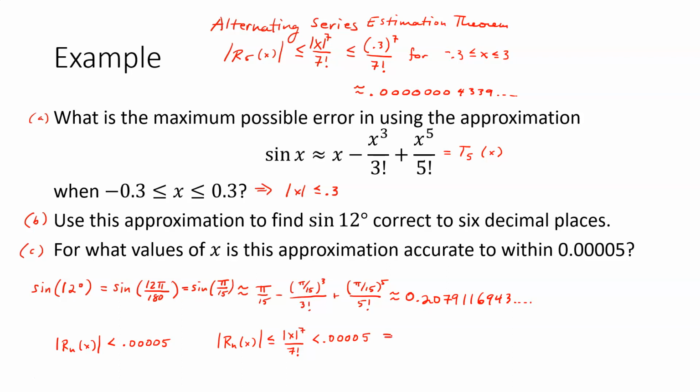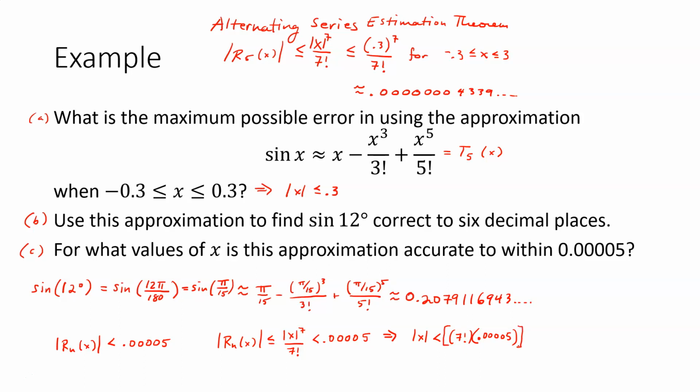So here, if I isolate x in this, we'll have the absolute value of x needs to be less than, let's see, 7 factorial times 0.00005. And then taking the 7th root of all that.